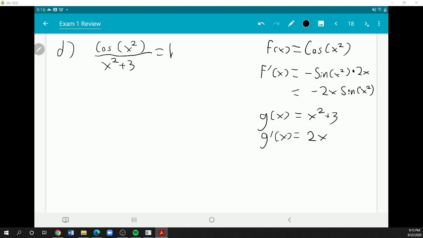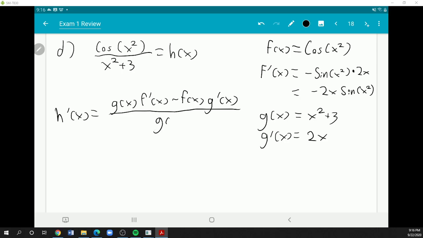So now we have that listed. Let's call this h of x. So h prime of x is low d high minus high d low, all over the bottom squared.